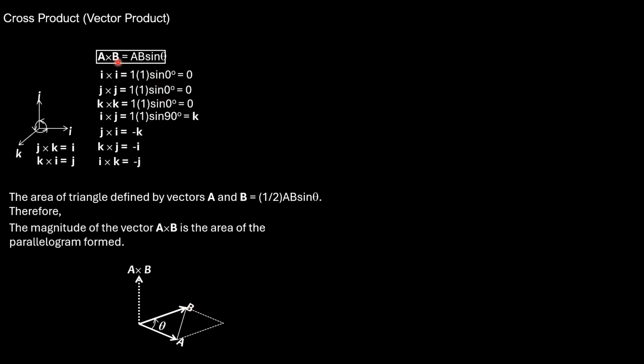So the area of the parallelogram is the magnitude of A cross B. Take note of that. So remember, this is a vector. Computing the magnitude of this vector: square root of the x component squared plus the y component squared plus the z component squared. That's interpreted as the area of this parallelogram.